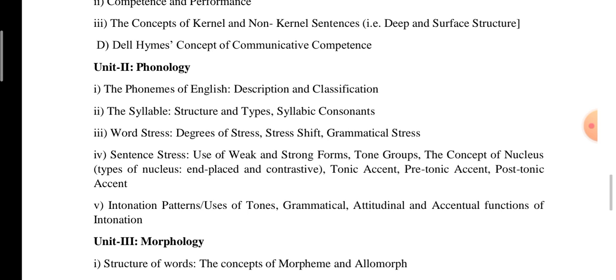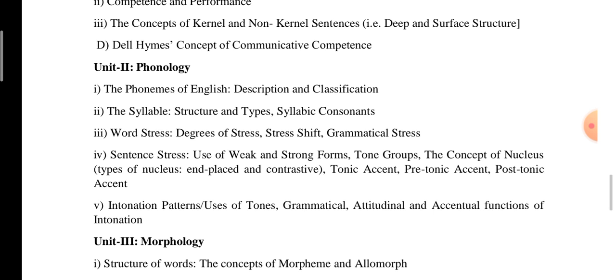Then the second unit, phonology: the phonemes of English, description and classification, the syllable, structure and types, syllabic consonants, word stress, degrees of stress, stress shift, grammatical stresses, sentence stress, use of weak and strong forms, tone groups, the concept of nucleus, types of nucleus, tonic accent, pretonic accent, posttonic accent.